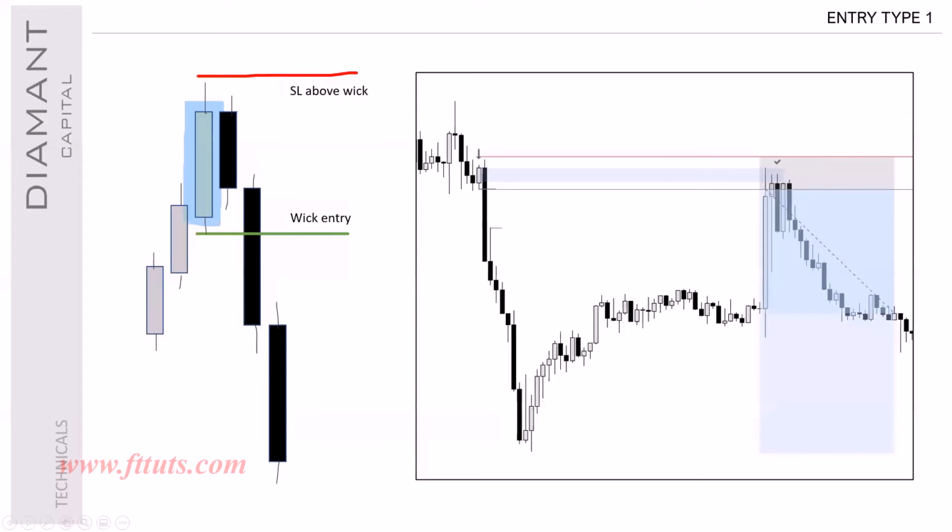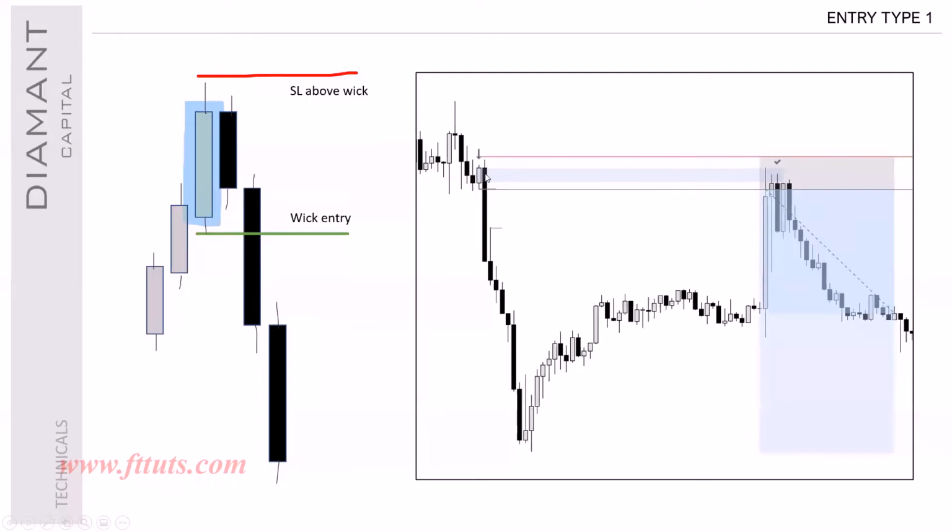Now, how do we use this? You've got different types, different entry points. First one, I would say, is the wick entry, depending on how big the candle is, because sometimes, as you can see from my cursor, from this candle right here, the wick is very far from the body. But because we're looking at a refined entry of this order, you've got to understand one thing. It's been unmitigated.